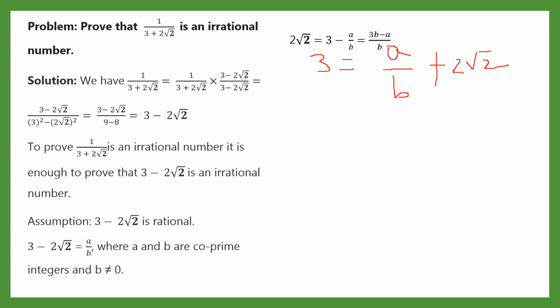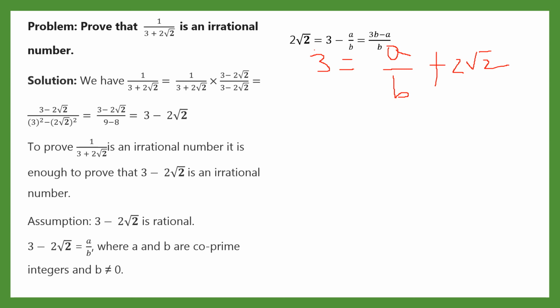In general, the term which includes an irrational number should have a plus sign, but here it has a minus sign. Thus we take 2 root 2 to the right side, and it becomes a by b plus 2 root 2. But only the rational number should be on one side. Now we will take a by b to the left side.